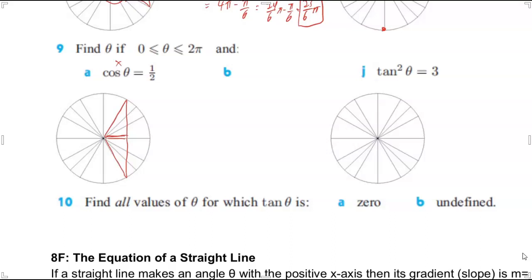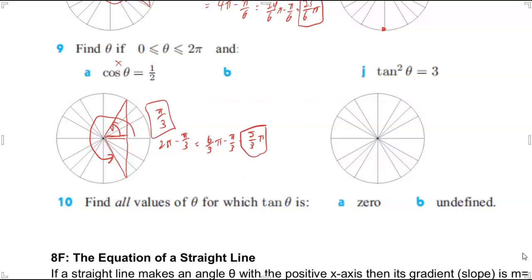So one of the answers would be pi over 3, because 60 degrees is pi over 3. And then the other answer would be 2 pi minus pi over 3, because it would be this triangle here. So that would be 6/3 pi minus pi over 3 is equal to 5/3 pi.